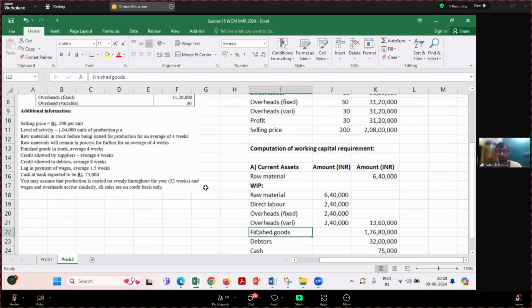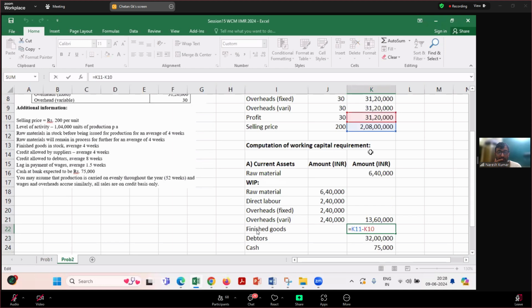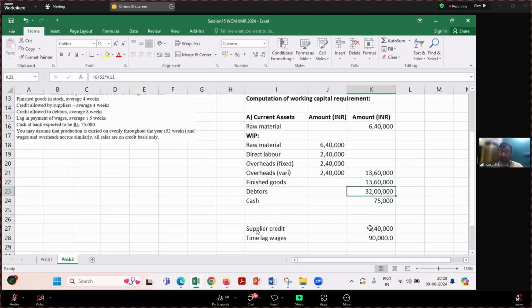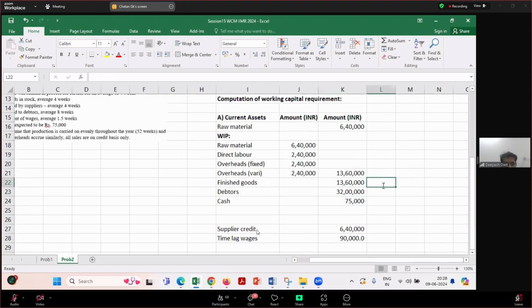This finished goods in stock is what? 4 by 52 multiplied by cost. Selling price, so you have to multiply or divide with 13. 4 by 52. Is it matching? 1363. Yes, sir.